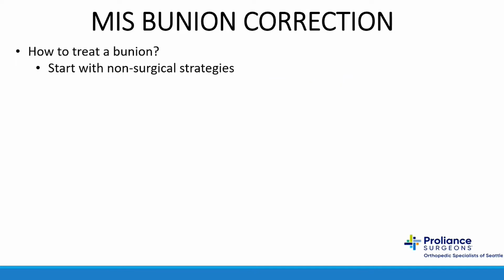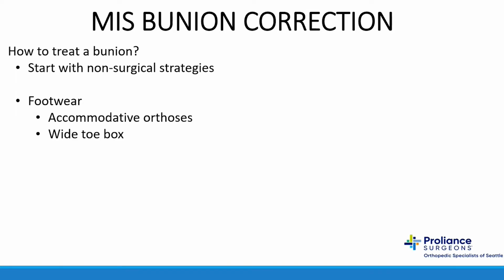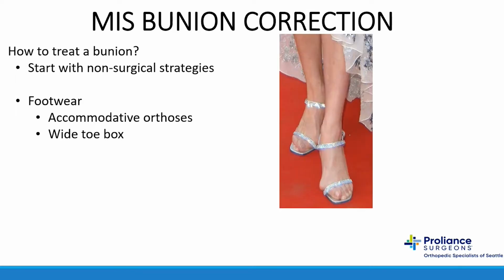So how do we treat bunions? I always recommend starting with non-surgical methods of treatment for a bunion. And these can include options such as changing footwear. And specifically, there can be certain orthotics that can help. Also, switching to a wider toe box shoe.